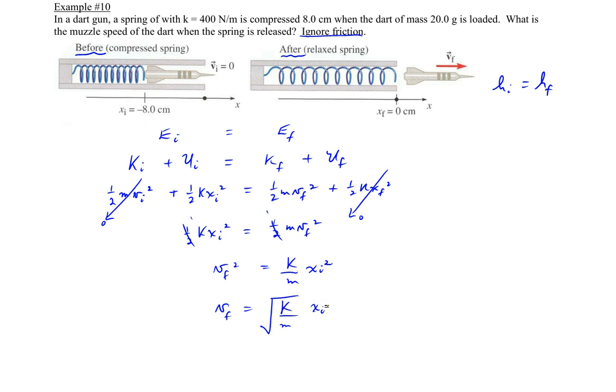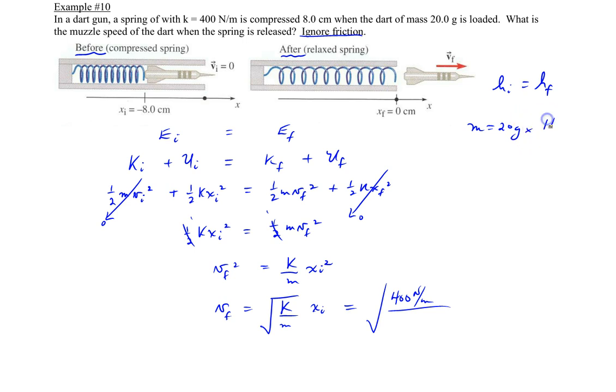We're looking for the muzzle speed, so we're looking for v final. So v final squared would be equal to k divided by m times x initial squared, where v final is really equal to the square root of the spring constant divided by the mass, multiplied by x initial. Now x initial, by the way, is just the magnitude of it, so you're not going to put in negative 0.08; you're just going to be thinking in terms of magnitude. So now you can substitute in here. Your spring constant is 400 newtons per meter. The mass of the dart is 20 grams, but you need to convert that into kilograms.